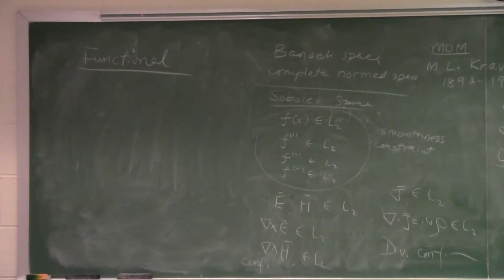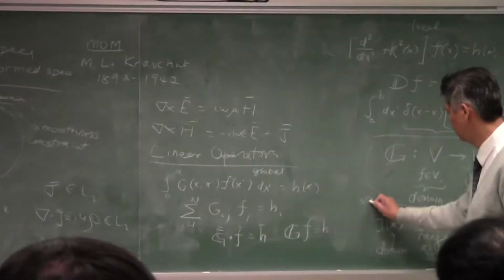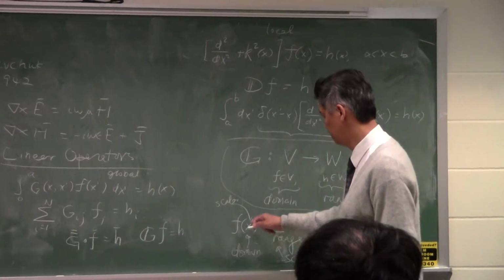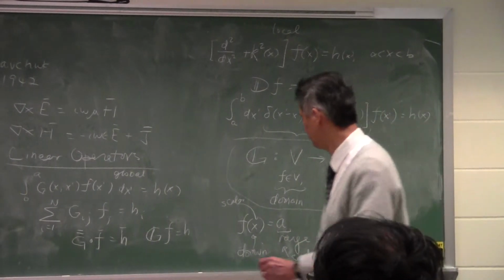Here x is a scalar variable. This is a function of a scalar variable. I can also make this a scalar. This is a scalar, and this is a scalar. A usual function is like that. This is a very simple function.